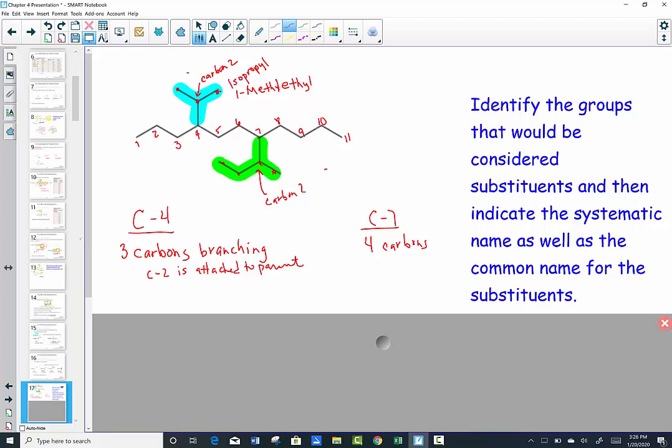Now, its common name would be sec-butyl, meaning the secondary carbon is where it's attached to the parent. The longest parent chain here is a propyl. Coming off of carbon 2 is a methyl.